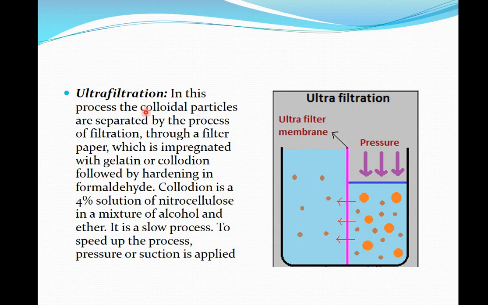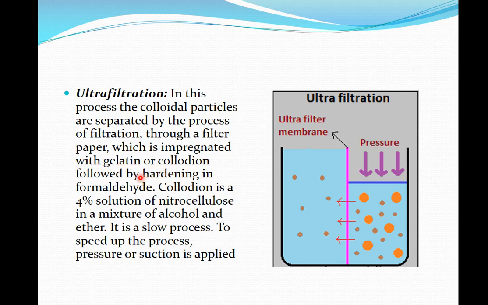Ultrafiltration. In this process, colloidal particles are separated by filtration through a filter paper called ultrafilter paper. Ultrafilter paper is prepared by impregnating ordinary filter paper with gelatin or collodion.